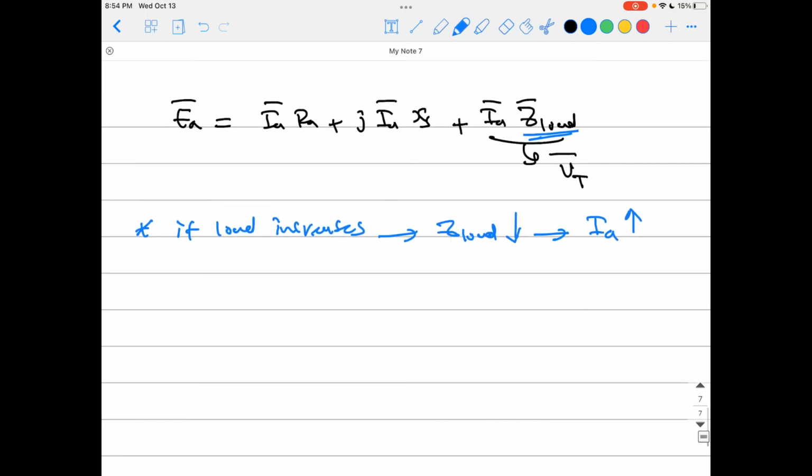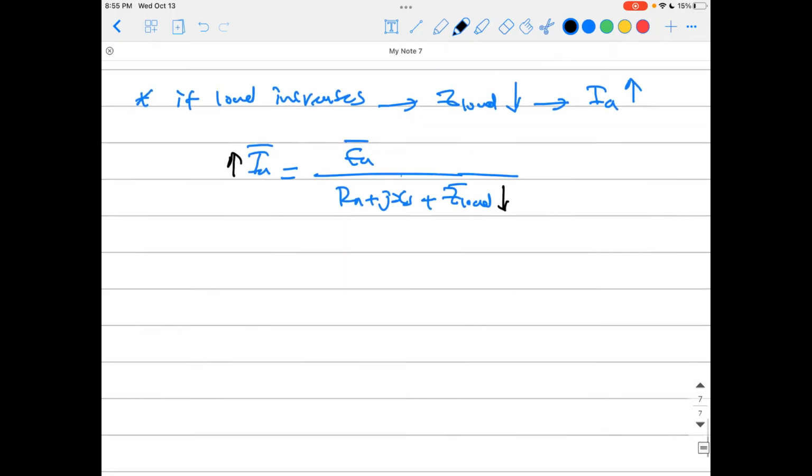You know that IA, from this equation we just wrote down, equals EA divided by RA plus jXS plus Z load. So if everything is constant and that impedance goes down, this current goes up. What will happen to the generator itself with the increase in current?